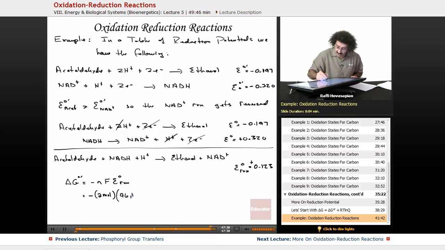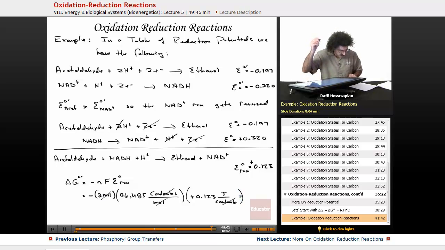We have 96,485 coulombs per mole of electrons. And of course we have the potential, which is positive 0.123 volts, which is a joule per coulomb. I just wanted you to see that the units cancel. And when you multiply all this out, you get a delta G for this reaction equal to minus 23,735 joules.